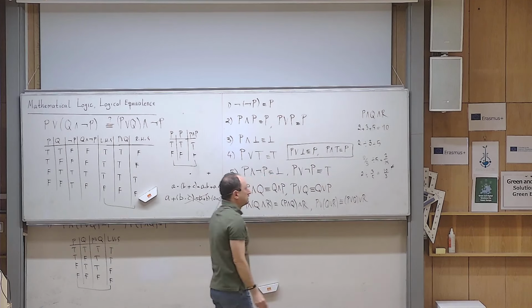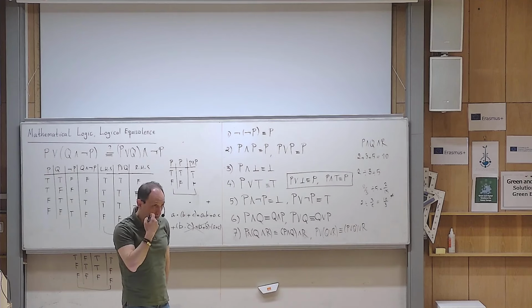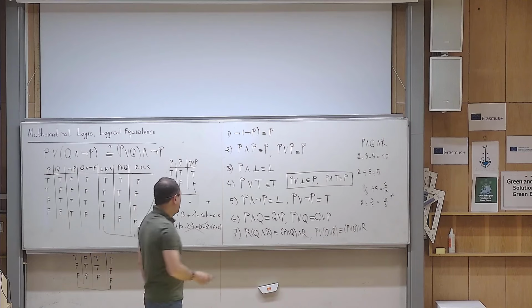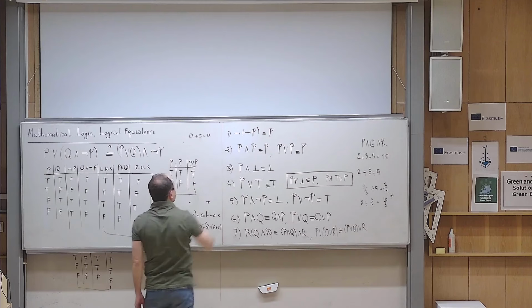Why I call it identity, because you can compare it with 1 or 0. For example, 0 is the identity element for which operation? 0 is the identity element for addition, because any number added to 0 will be the number itself.